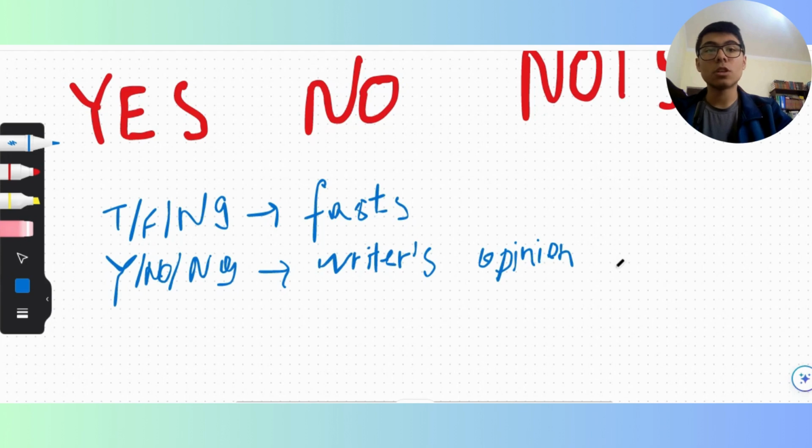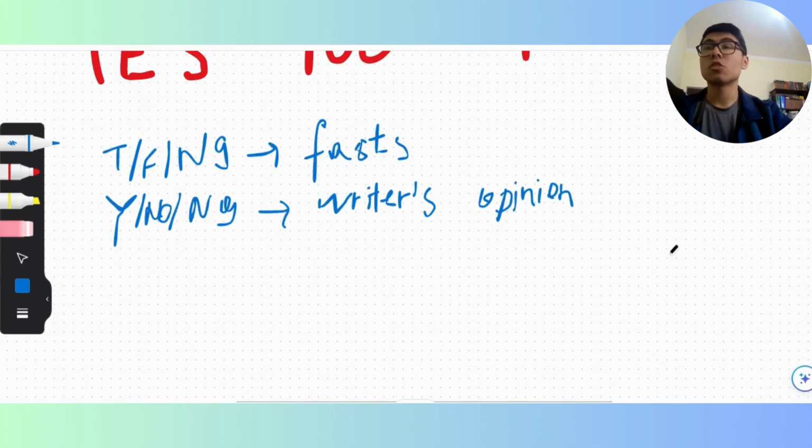You can easily apply all the strategies that I gave you in the first lesson to Yes, No, Not Given questions as well. The other thing you need to pay attention to is that these questions are always in order.